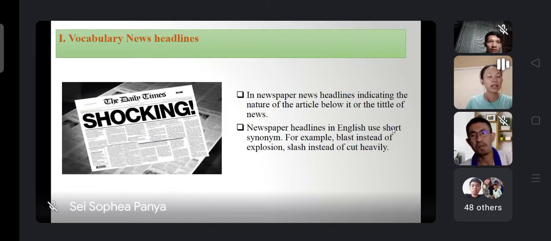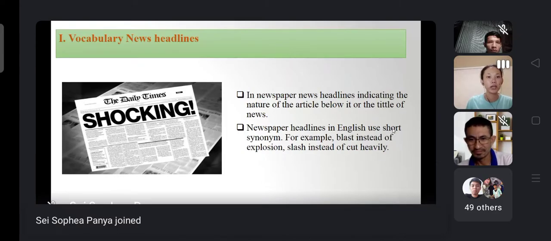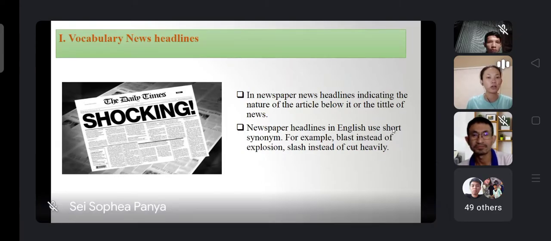This is my part. I am responsible for vocabulary, news headlines. In a newspaper, the headline indicates the nature of the article below, or it is the title of the news. It is meant to make the reader want to read more about the news.